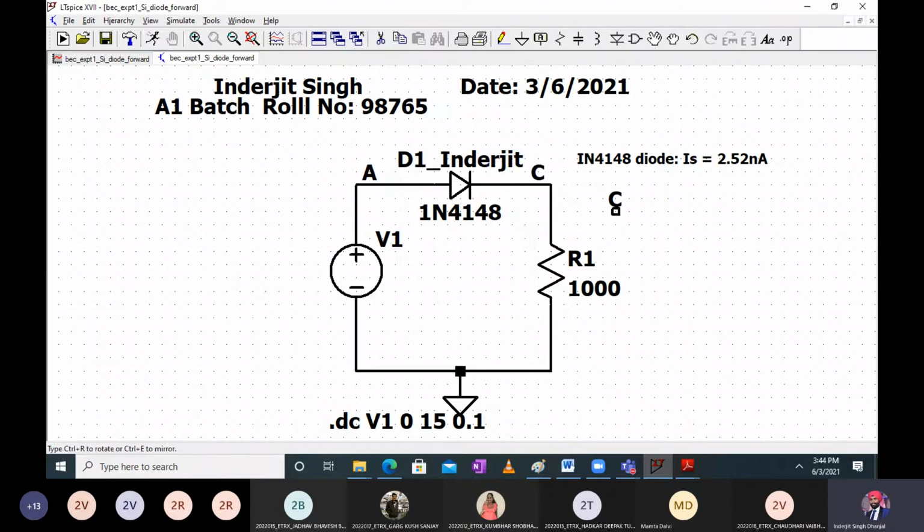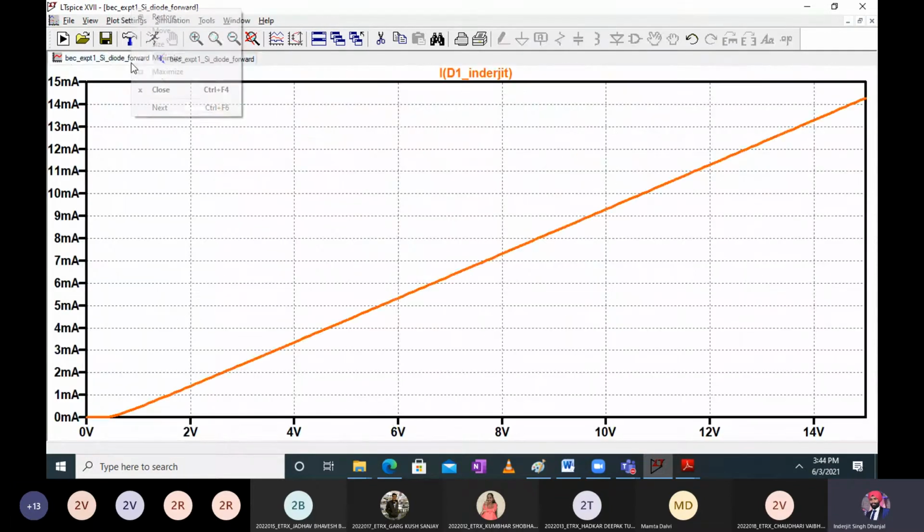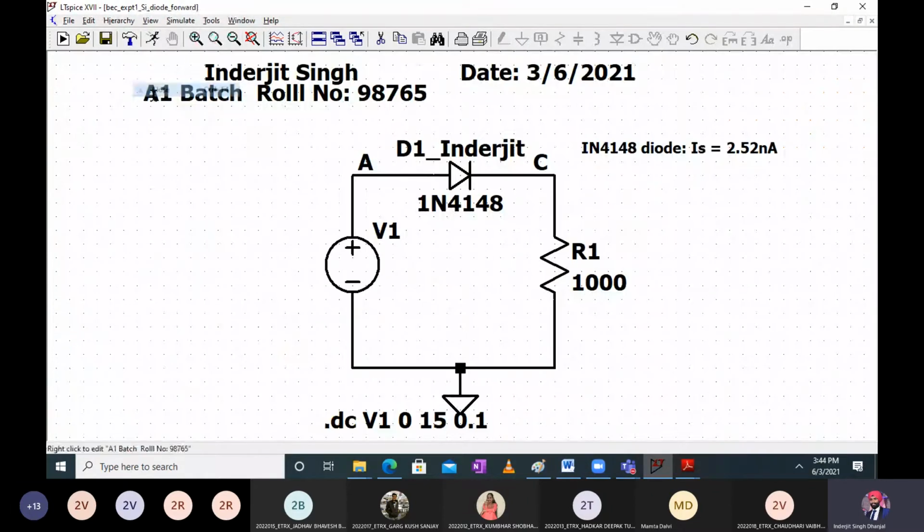Anode and cathode. Are you following what I'm saying? Yes, sir. Do this now. You can close that graph and keep the circuit ready.